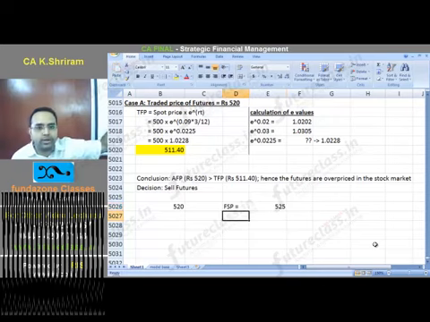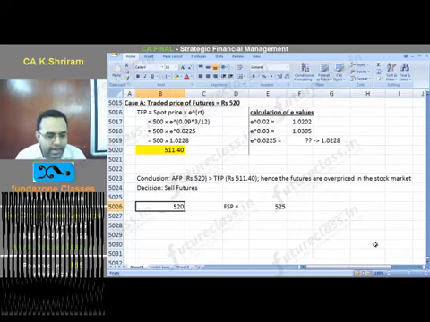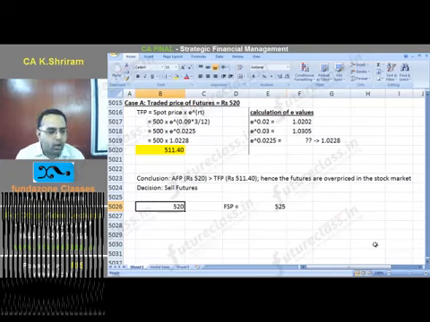On that day, what's going to be the spot? If the future spot price is 525, and as an investor, I have taken a sell futures at 520, do I gain or lose? Lose. Why? I have to buy on that day at 525 and honor this contract to sell.